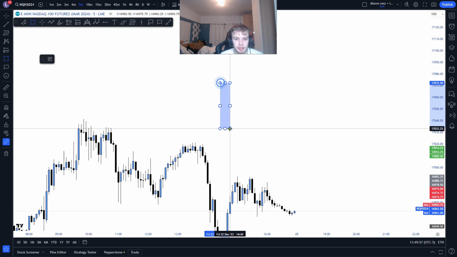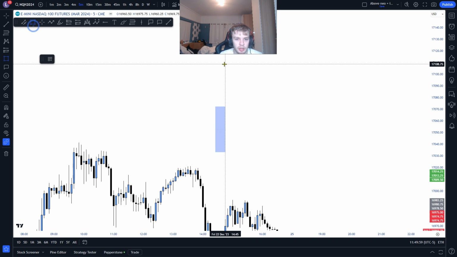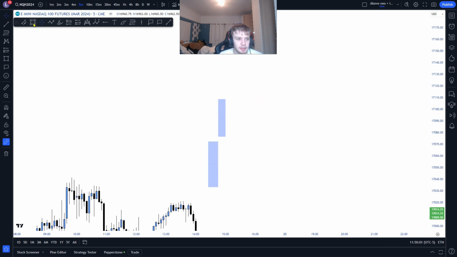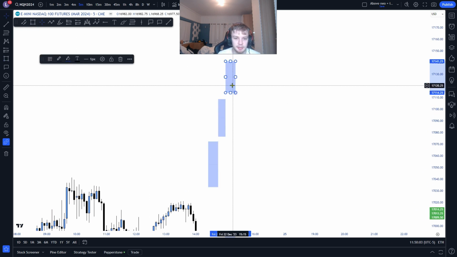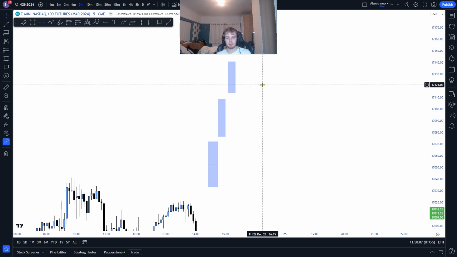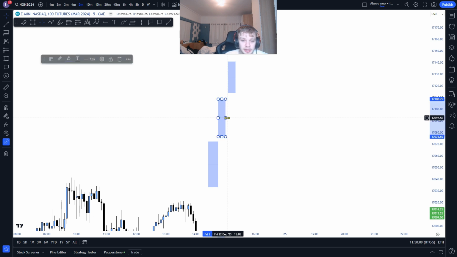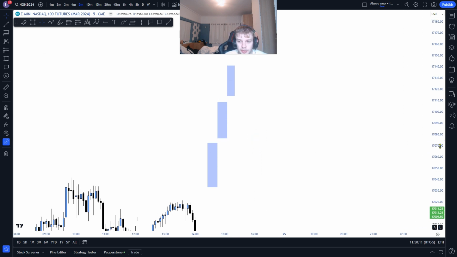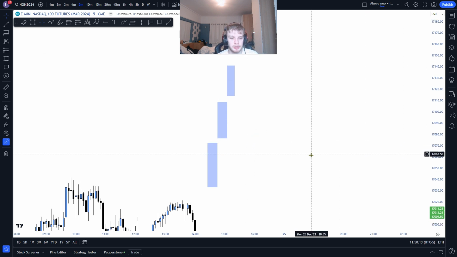So if you don't know what a fair value gap is, all a fair value gap is, is just an imbalance in the market. It is literally just where price hasn't come and filled. It is a 3 candle formation. So let's say these are candles, for example.